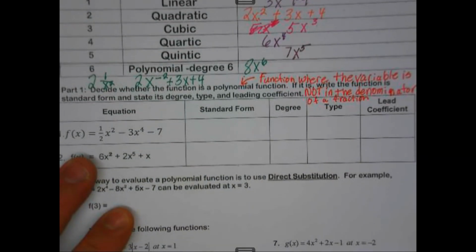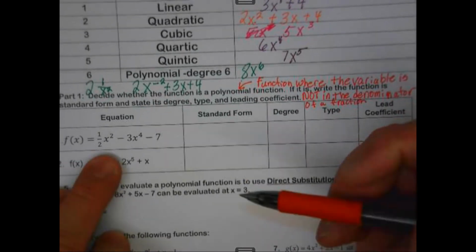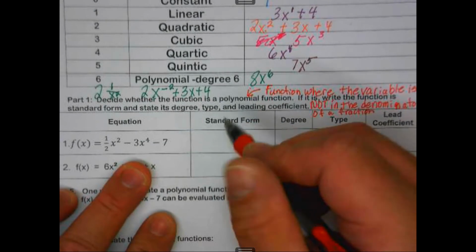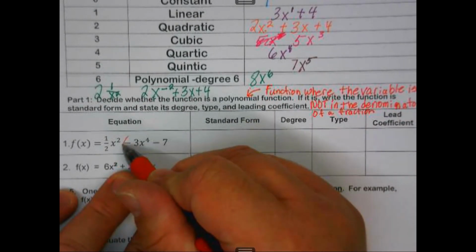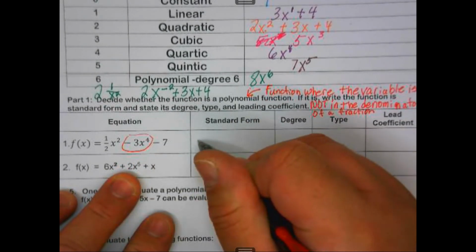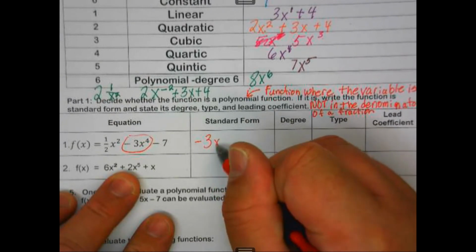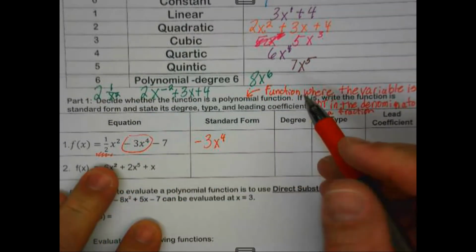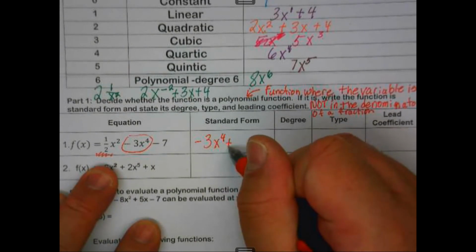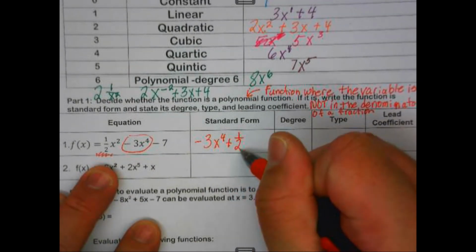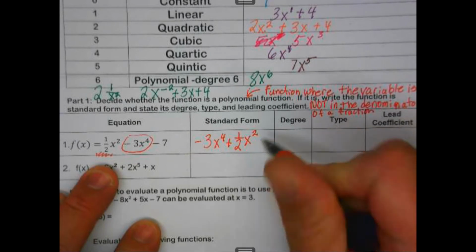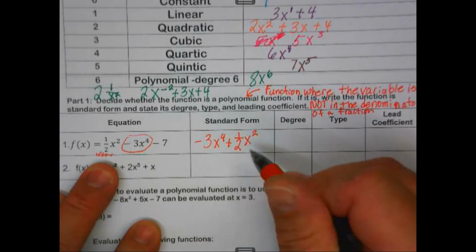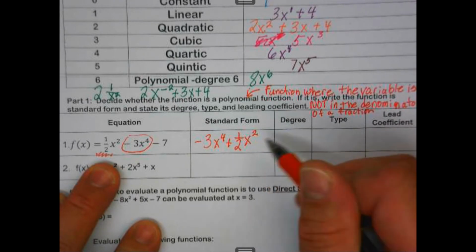Okay, number 1. Let's put it in standard form. So the highest degree of the variable is negative 3x to the 4th. The next one is my 1/2, so it's a positive 1/2 x squared. Now this is okay because my coefficient is a fraction, not my variable.